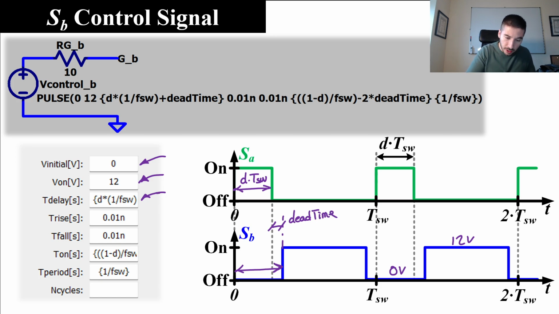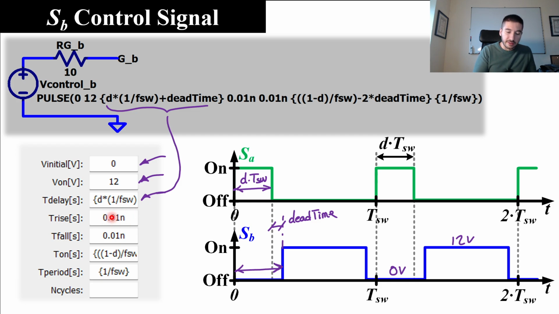So the value that we have to put here is d times the switching period plus the dead time. I use 1 over the switching frequency, but it's the switching period. It's the same.